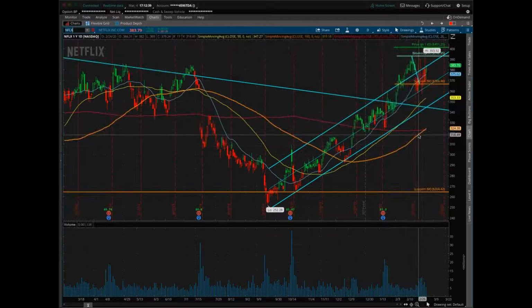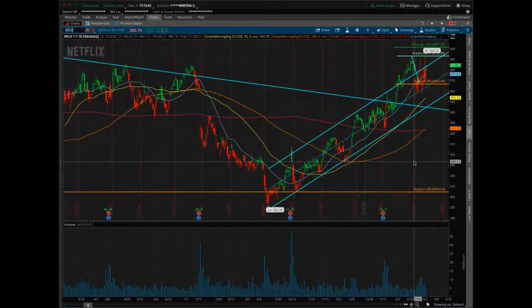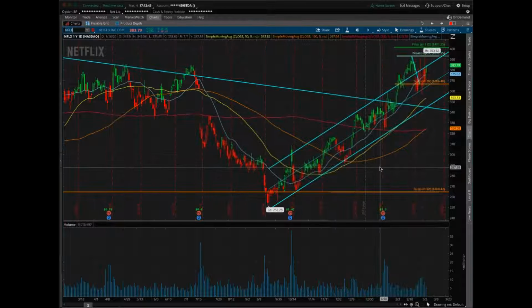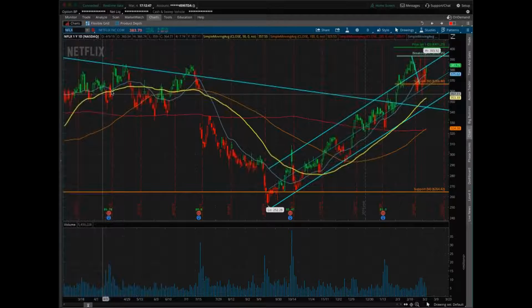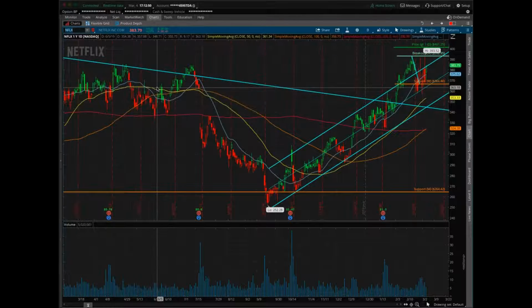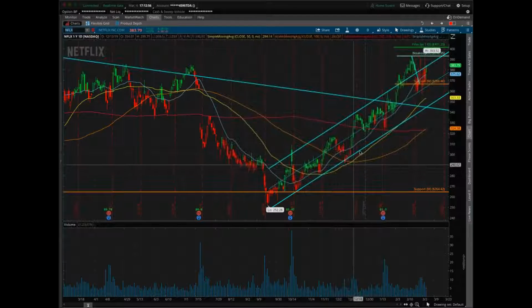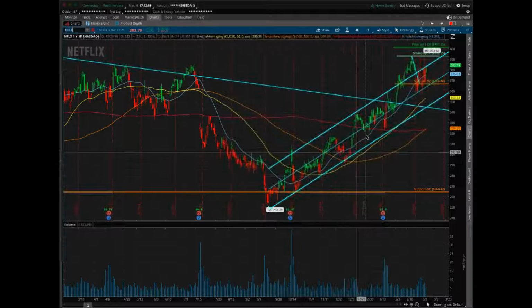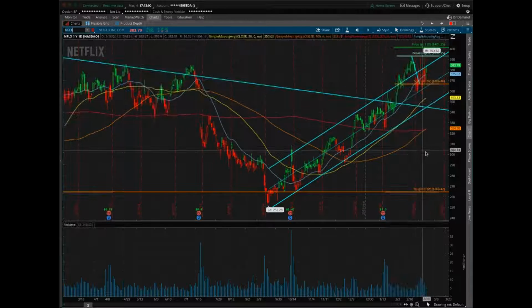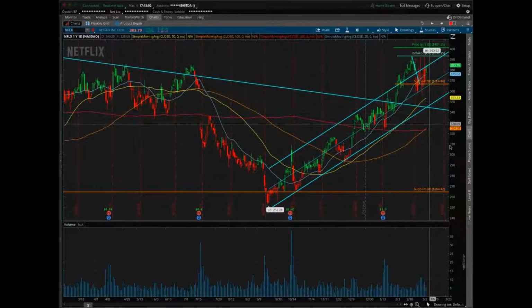And now we have the 100-day cross over the 200-day, that's very bullish. These are called golden crosses. So when the moving averages are above and they cross to the downside, those are called death crosses. And when the moving averages are below and they cross above, those are called golden crosses.